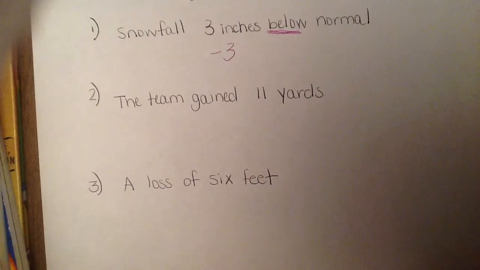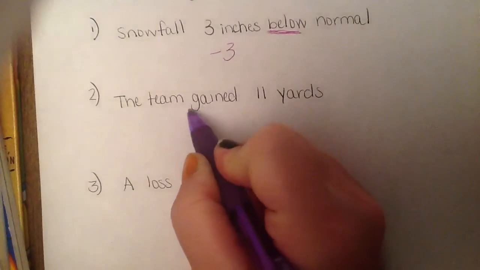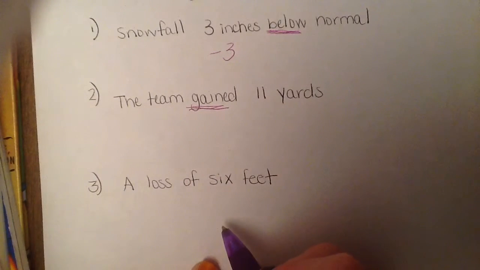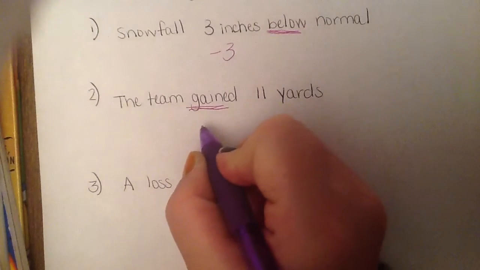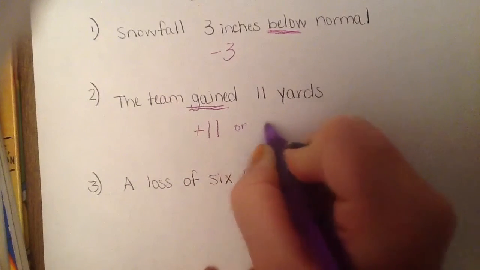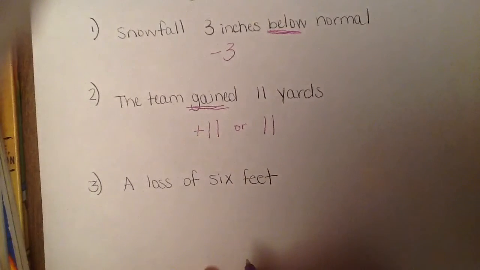What's the word that tells us if this is positive or negative? Exactly. The word gained. Now, if the team gained, is that positive or negative? Exactly. The word gained means it is a positive 11 or just 11. You don't need that positive sign in front. So the team gained 11 yards is a positive 11.